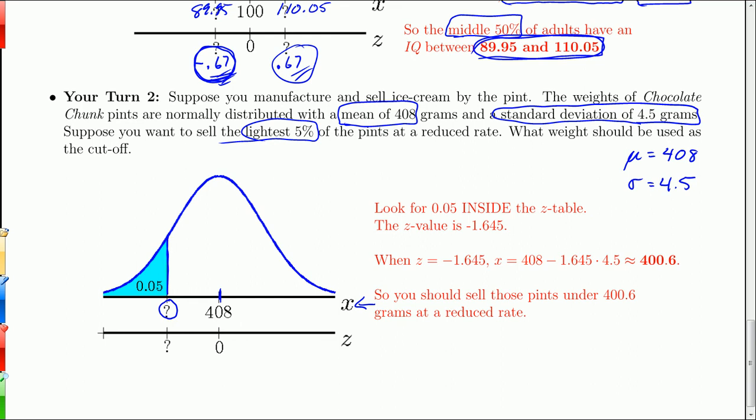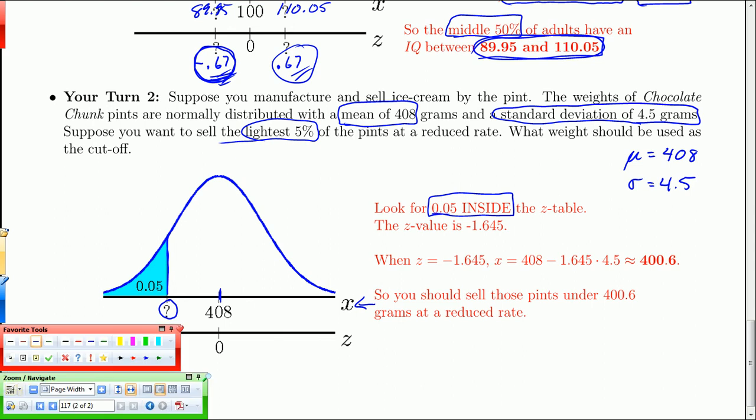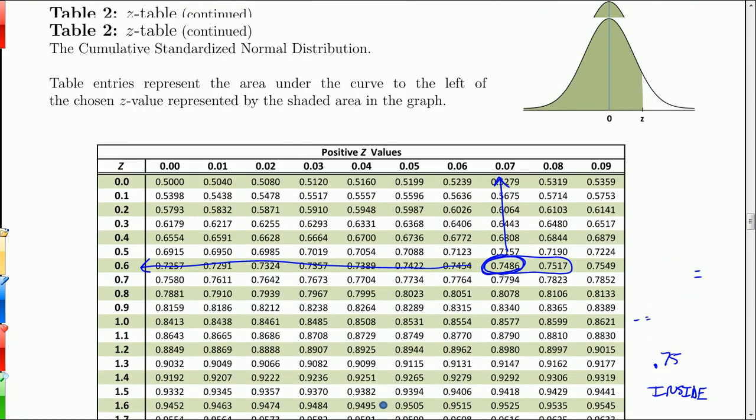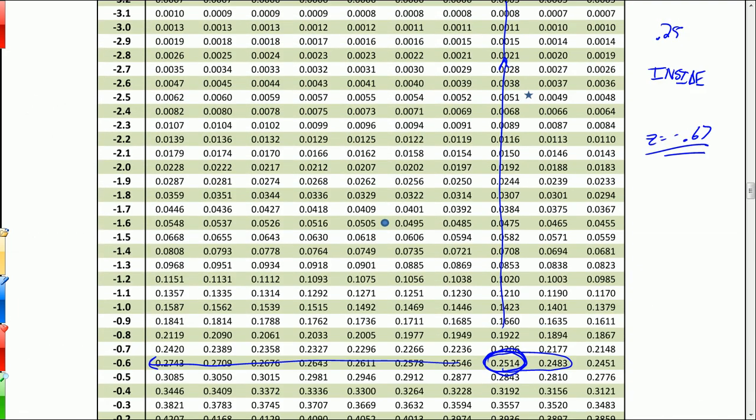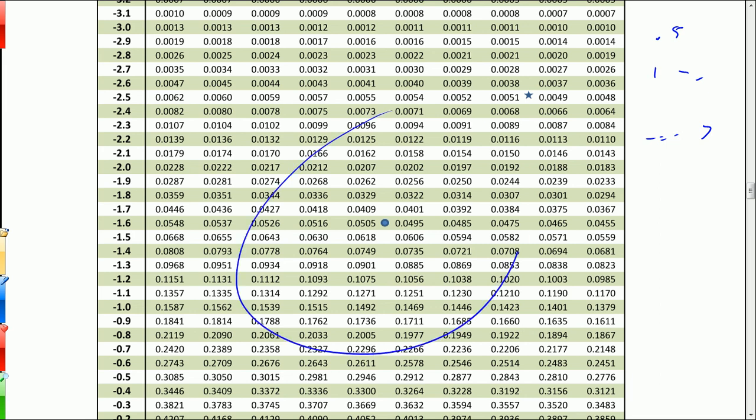So what I need to do here is look for 0.05 inside the z table. I know I'm going to be at a negative value because it's well below the mean.